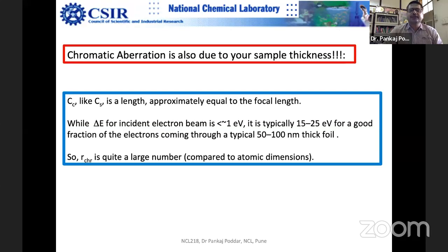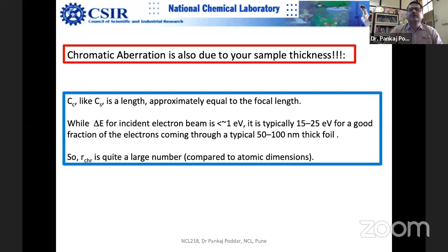For example, you have the same very high quality lenses, and you take HRTEM with very high quality lenses, and you change the source from a field emission gun. Suppose your field emission gun is not working, and you replace it with the easily available thermionic gun.